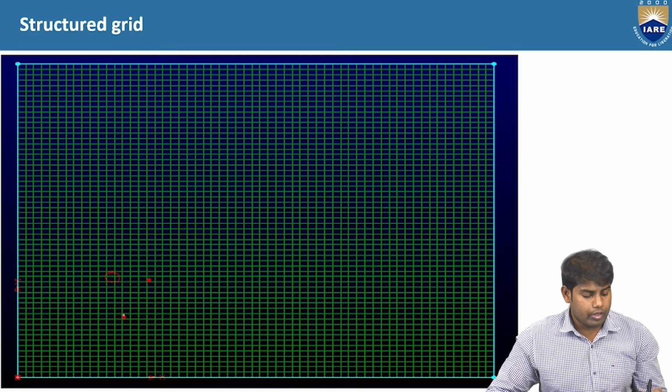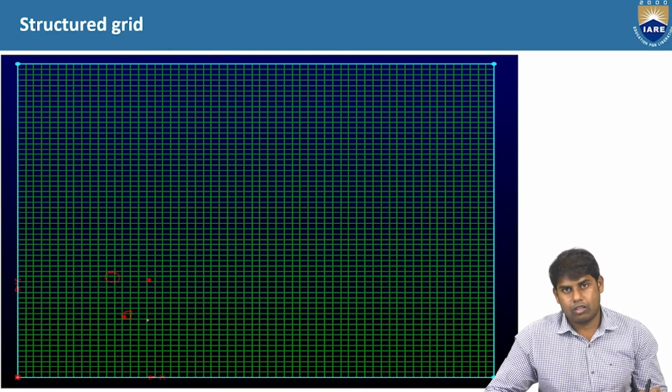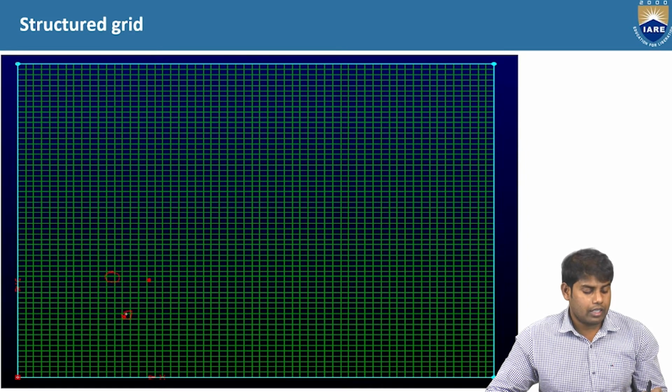If you join lines between different node points, you get a shape called a cell, and this is called a node cell or grid cell, whatever we say. Here the cell is made up of 4 sides, and for a structured grid, in 2D you have a quadrilateral, and for a 3D grid you will have a hexahedral.